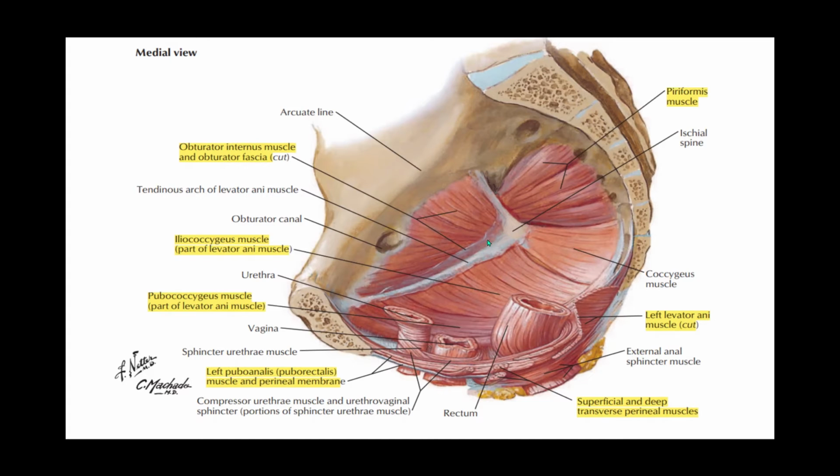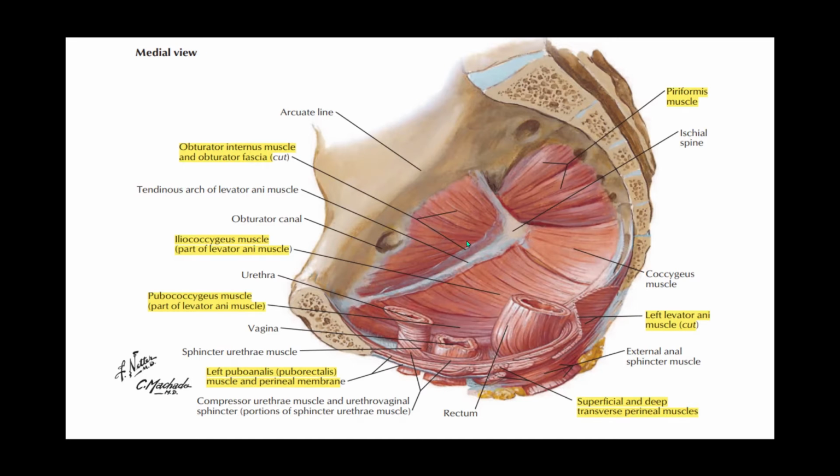Here, worthy of note is this fibrous, tendinous structure, which is called the tendinous arch of the levator ani muscle. We'll get to understand that the obturator internus muscle also takes origin from this tendinous arch, as we can see.